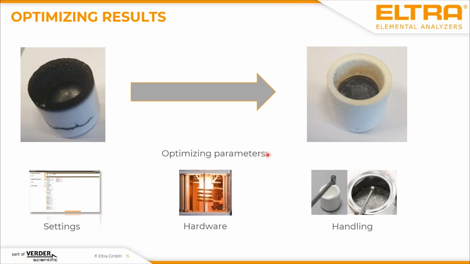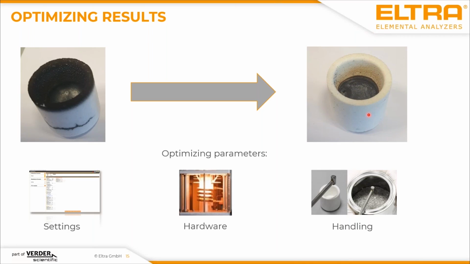So if you optimize the parameters by using moderators, by using a lower temperature, then afterwards your crucible looks like this. This is after the burning process, the gray residue you see here at the bottom is our metal oxides coming from the steel, from your metal, and the gases already came out.